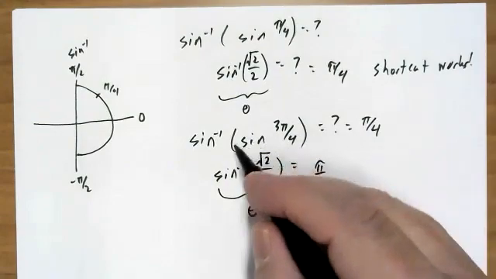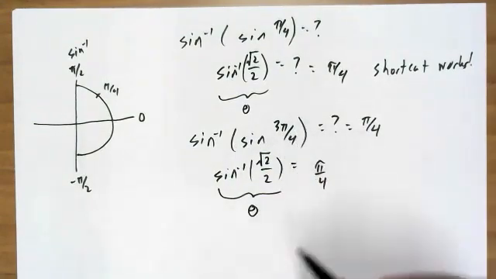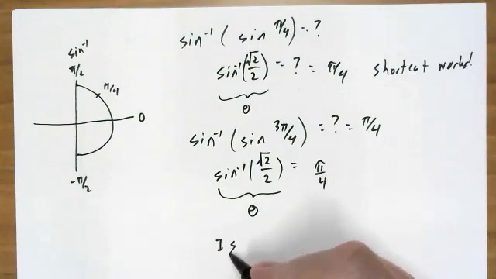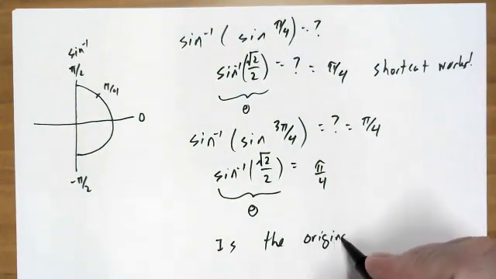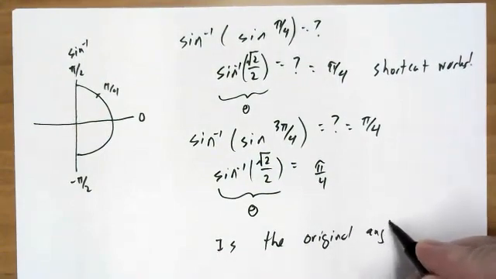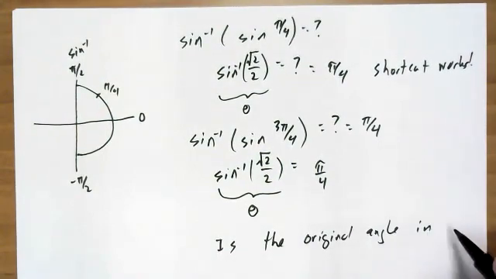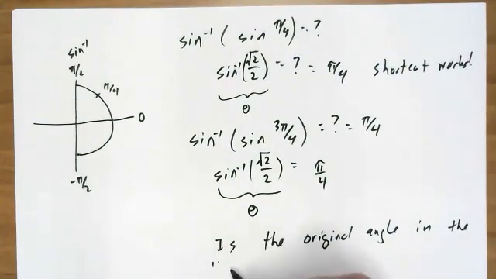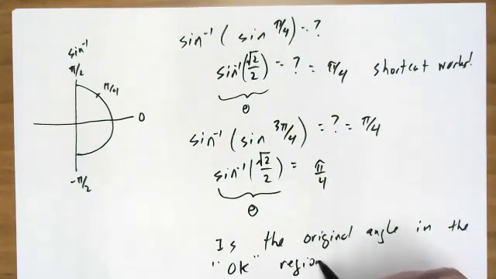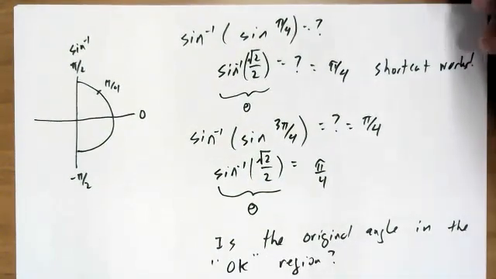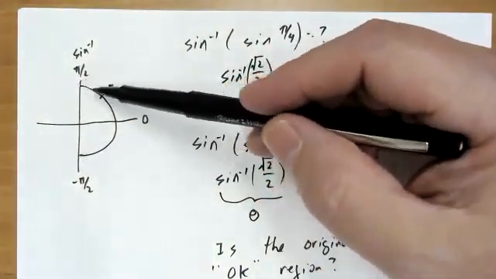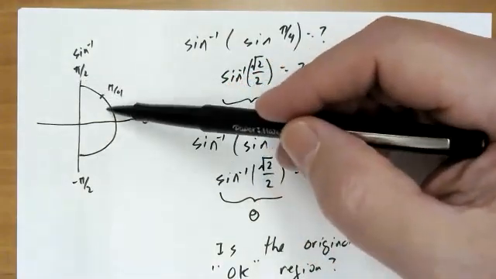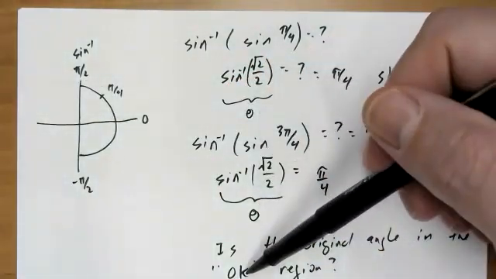So when I'm first given this problem, I look at this angle in here and ask the question, is the original angle in the, all right, I'll explain this, in the OK region? OK region means I'm thinking of this inverse sine, and wherever the inverse sine is defined is what I'm calling the OK region.